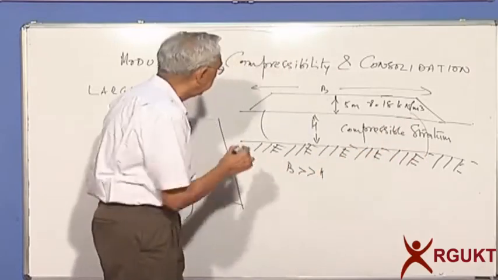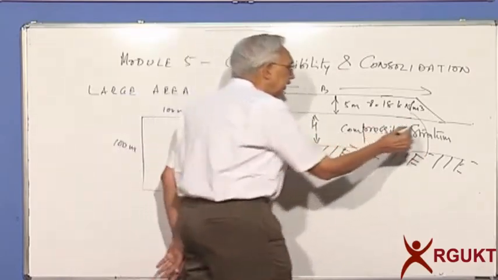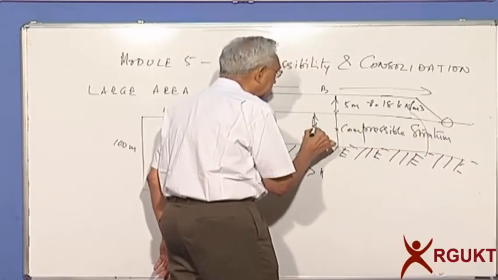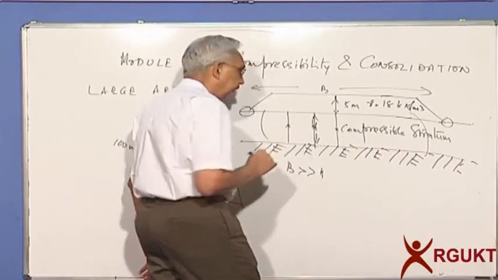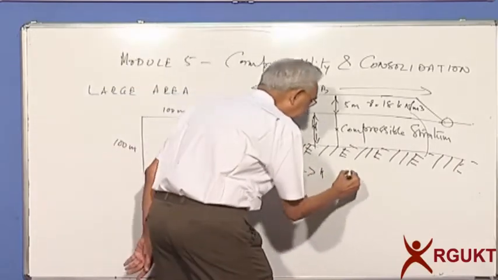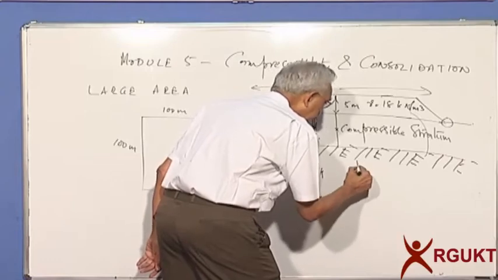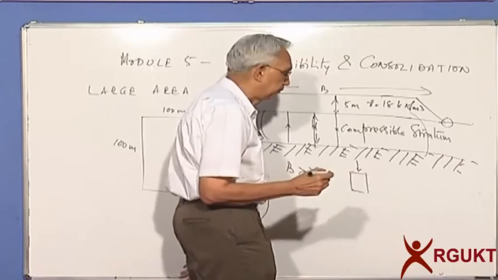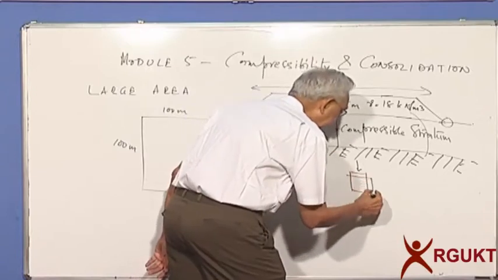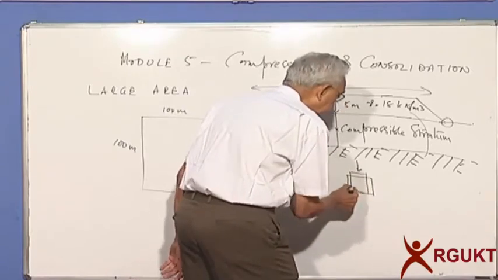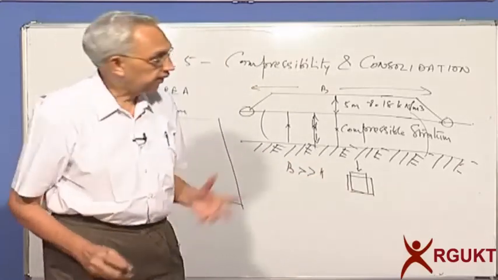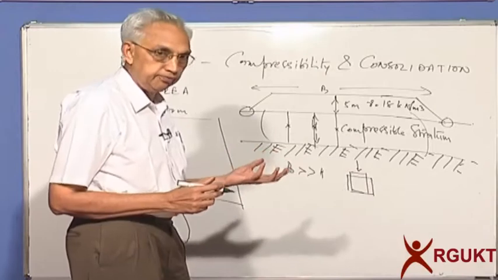I am not talking of the edges, but I am only looking at this point inside. When you are applying the load, from theory of elasticity or simple mechanics, most soils have a tendency not only to compress but to expand laterally. This is what you call a simple elastic deformation.